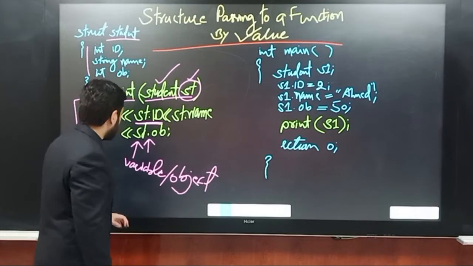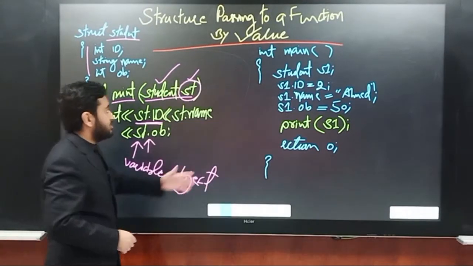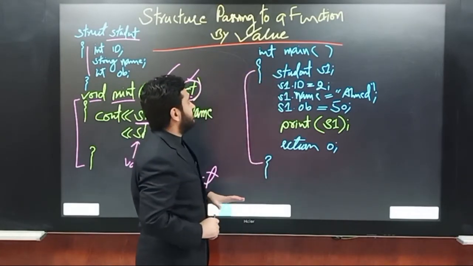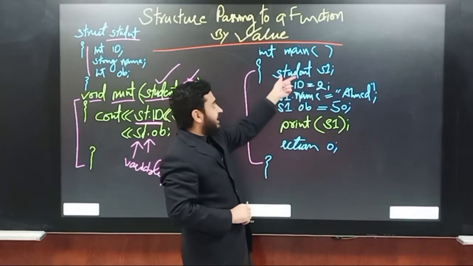So let's see how we can call this from the main function. This is the main function, and this is its body, where we have defined a variable, an object s1 of type student.